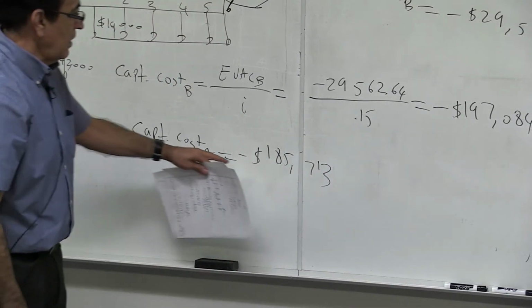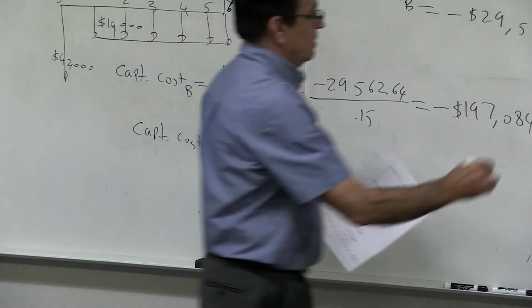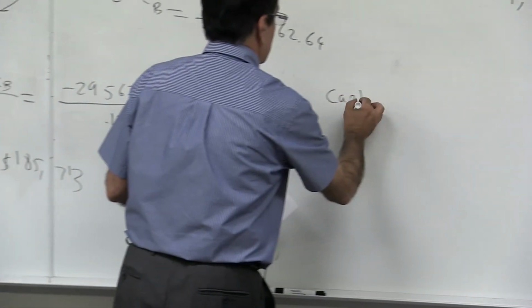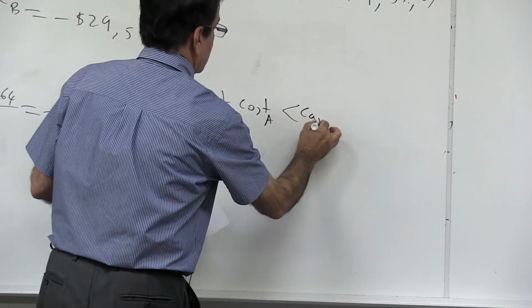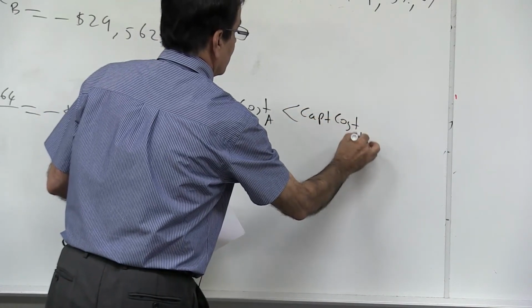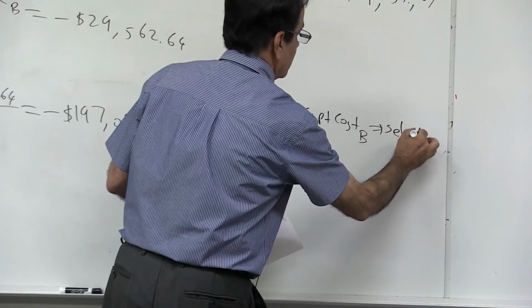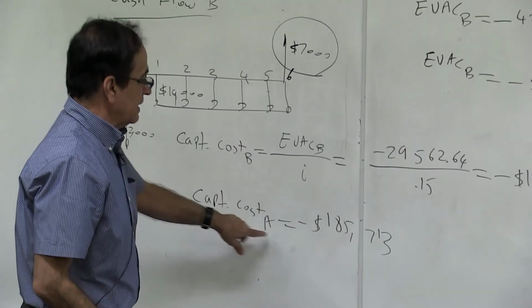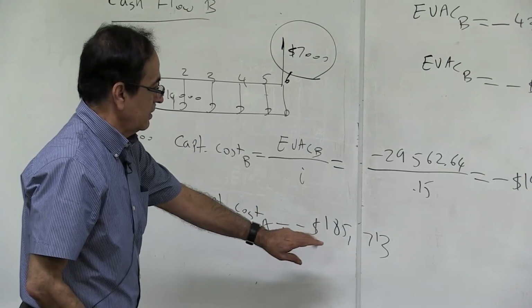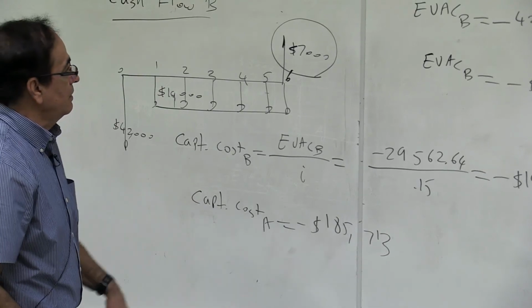If you compare these, obviously A is lower than B. So we can say the capitalized cost for alternative A is less than the capitalized cost for alternative B. Therefore, you select alternative A. What this means is: if I want to have equipment A, it's going to cost me $185,713 at the present time, so I can repeat alternative A forever.